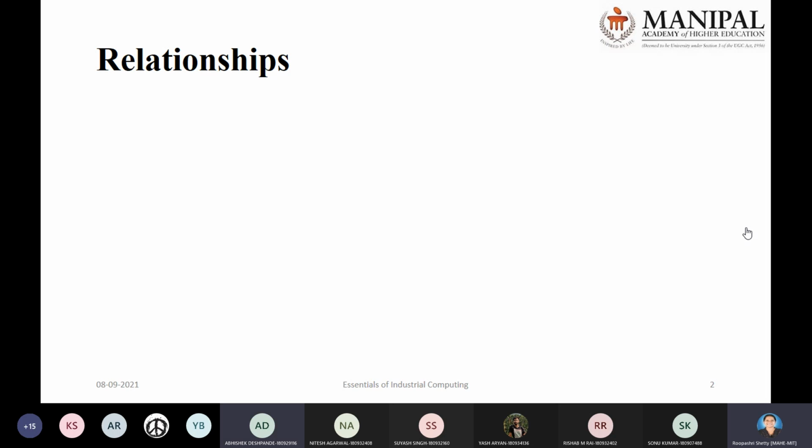What are the member variables of this Library class, Abhishek? I don't think the Library class has any member variables, but it has member functions. It just has aggregate classes.